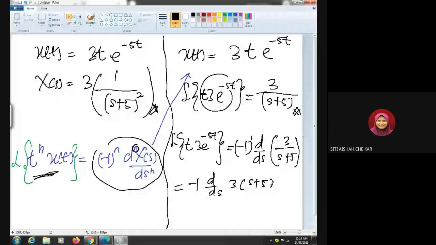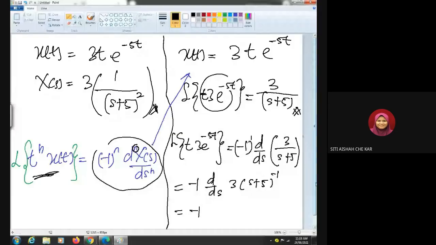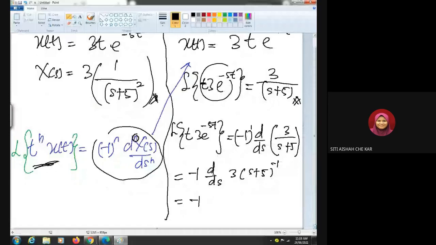Okay, differentiate ni kita dapat apa? Yang ni ke depan kan? Differentiate ni. Kita ingat kalkulus lah sikit. Kita dapat apa? Differentiate 3. So 3 negatif apa? Negatif 1 S plus 5 negatif 2. So negatif negatif positive.